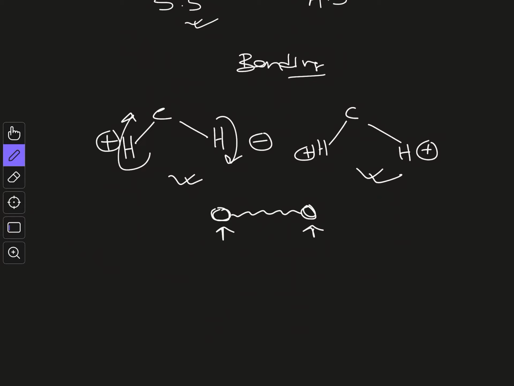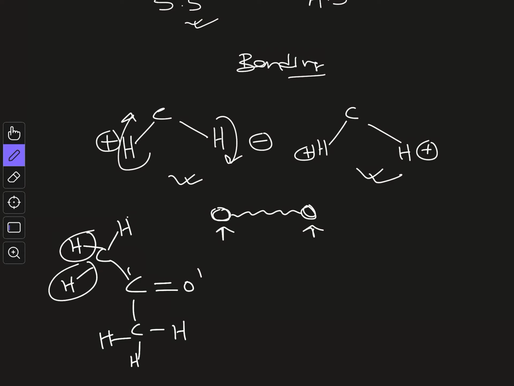For example, if you have a carbonyl group and its neighboring groups are CH groups. Let's say we are talking about acetone, a simple molecule. In the acetone molecule we have 6 CH bonds, 2 CC bonds and 1 CO bond.